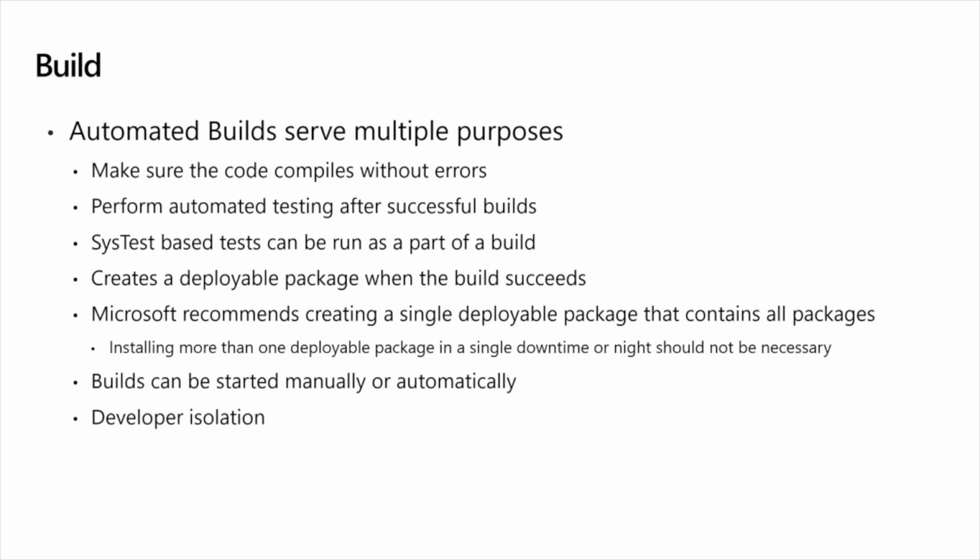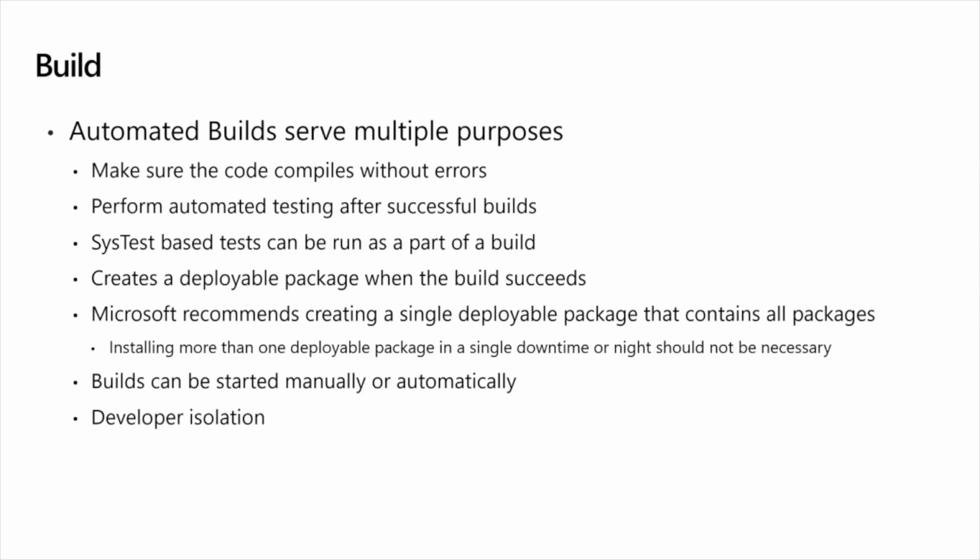And it's a way to create a single deployable package that contains all of your packages. The reason we recommend that is because installing more than one deployable package in a single downtime or night should not be necessary and it takes longer because of the lead time to install a package on production.